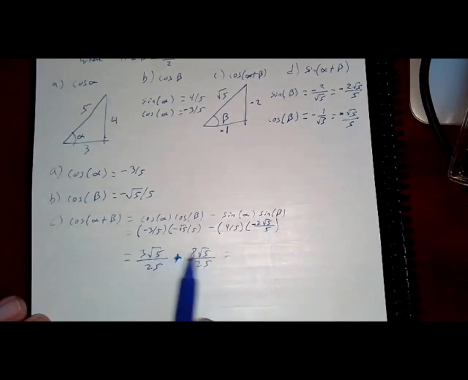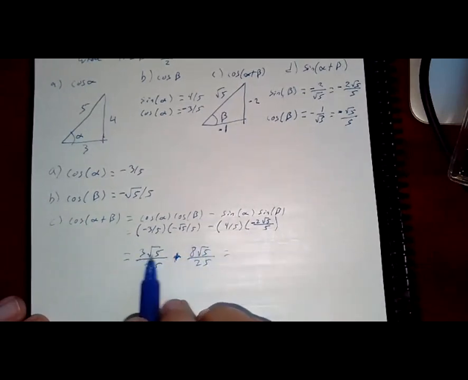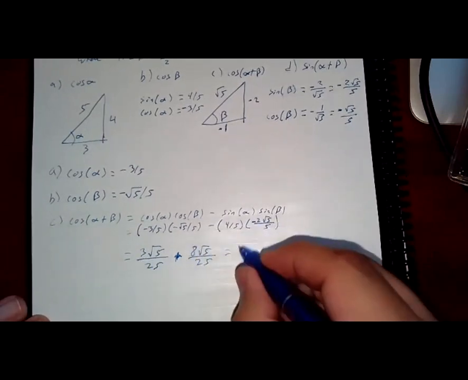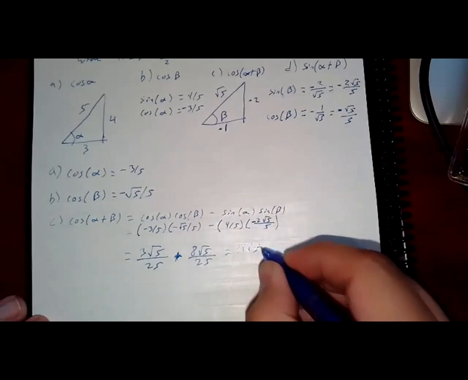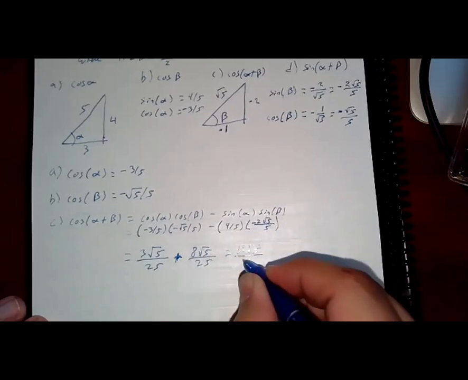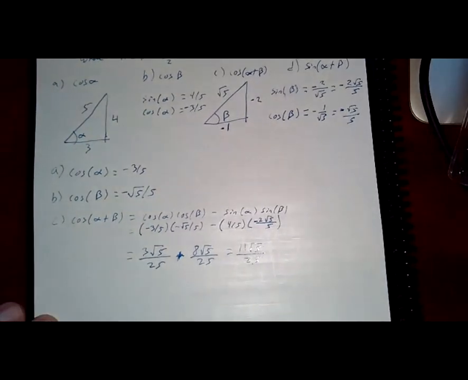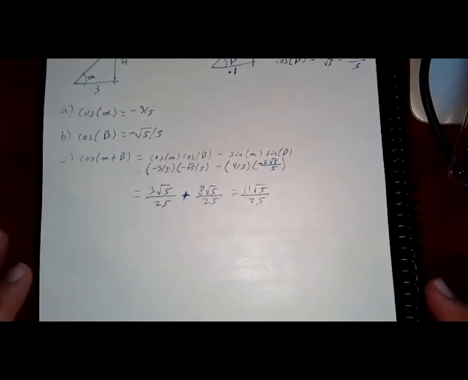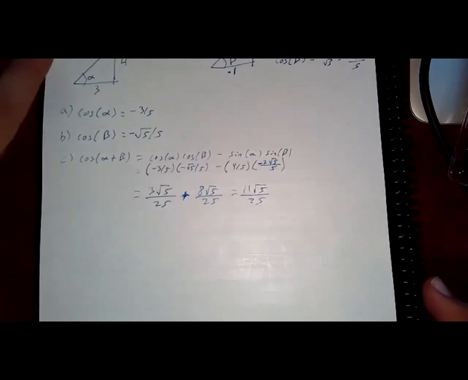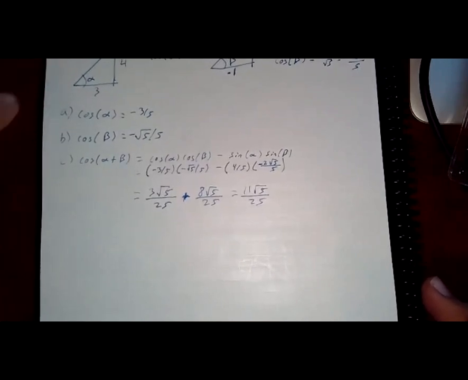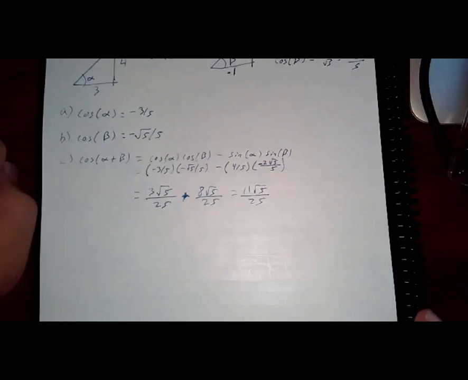These are the same radicals, so you can actually add these. 3 of these plus 8 of those is 11 of those guys. 11 root 5 over 25. Okay. So any questions on how you set this up and how you do A, B, or C?